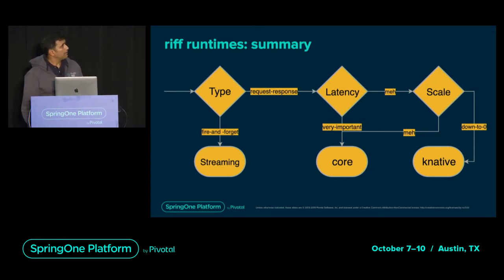If you are worried about latency and having a cold start to your function is going to be a problem, then go ahead and use the core runtime. If, however, auto-scaling and scaling down to 0 is more important, then you can use the Knative runtime.